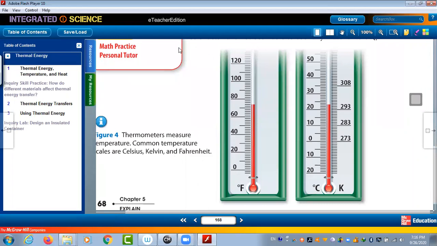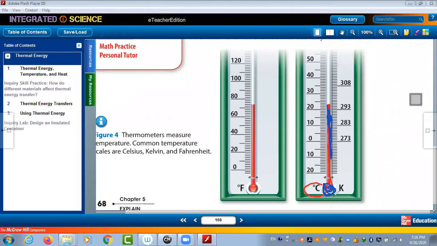Here, there is a bulb thermometer. This is the glass tube, connected to this bulb. This bulb is made of metal. We put the alcohol or mercury inside.